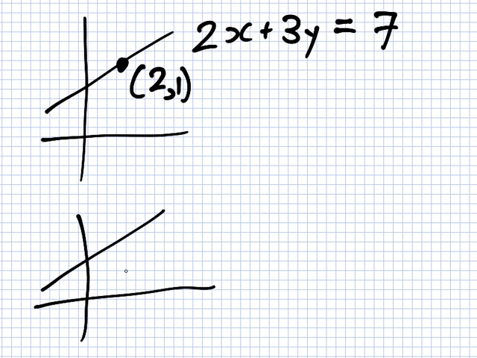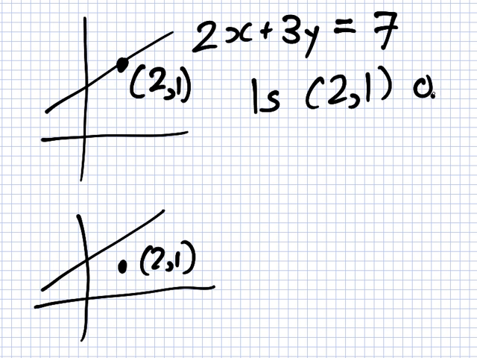Maybe it's like this, the point is off the line. So I would like to check if it's on the line. Anybody have any ideas on how I could check is (2, 1) on 2x plus 3y equals 7?